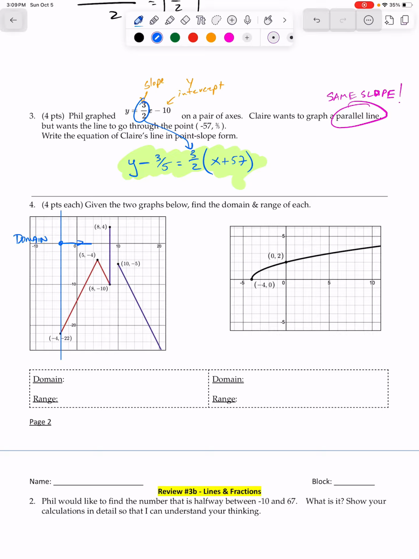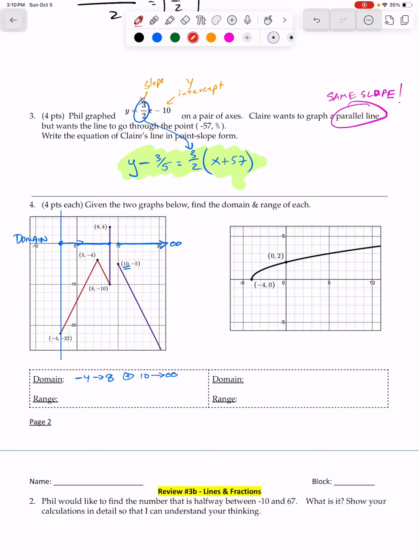And it goes all the way here until there, and then it stops. And then it starts again because I'm using this 10 here. And it keeps going to infinity. So my domain starts at -4, and it goes to 8, plus it then goes from 10 to infinity.